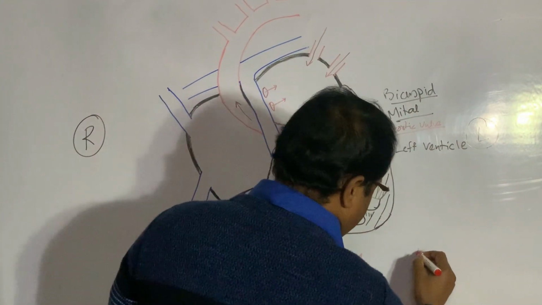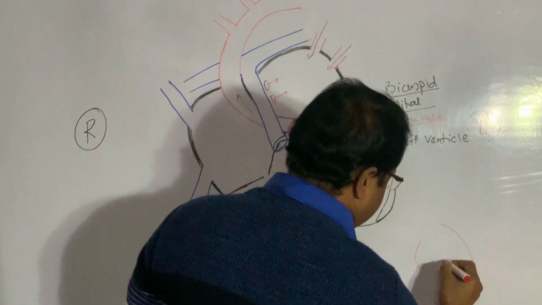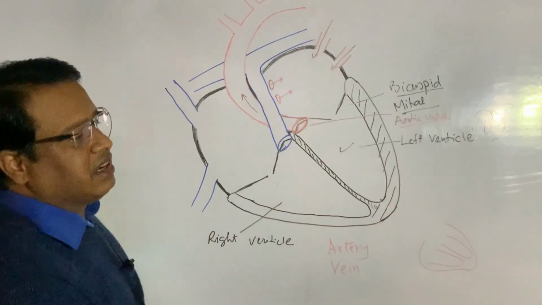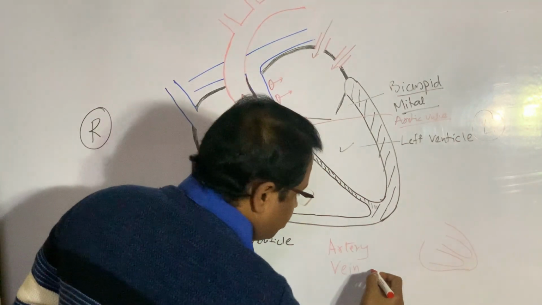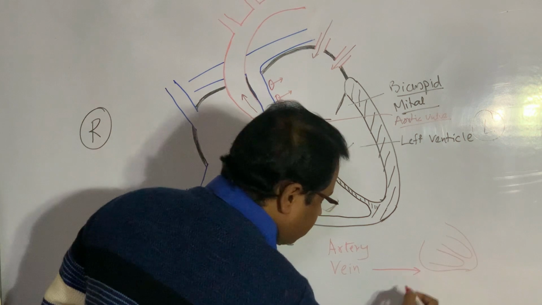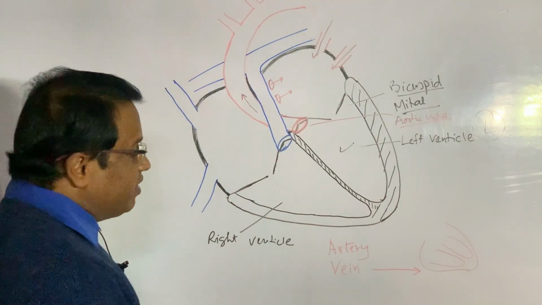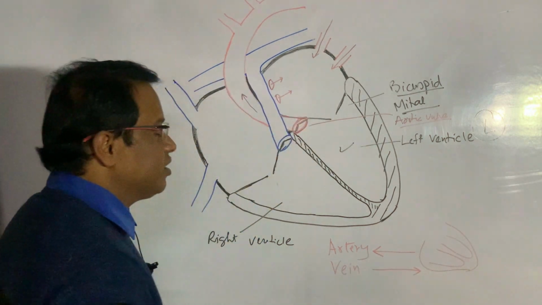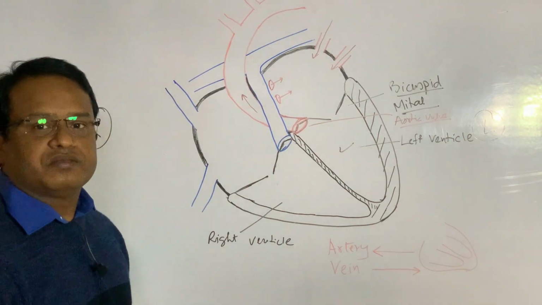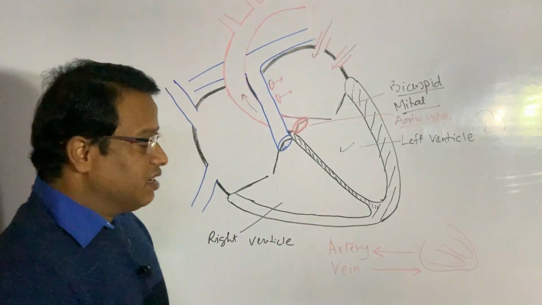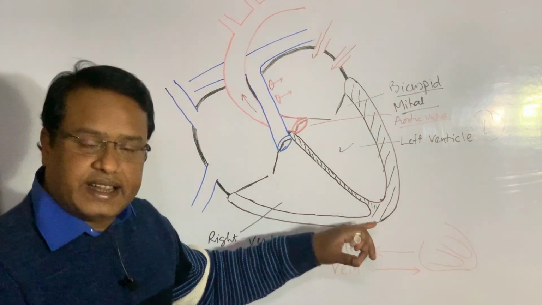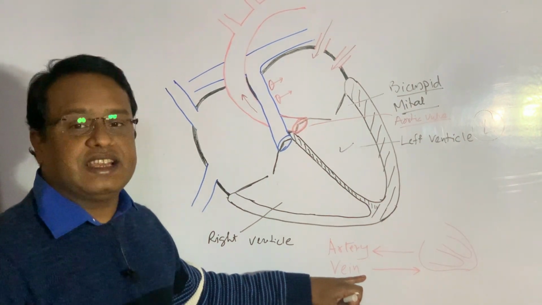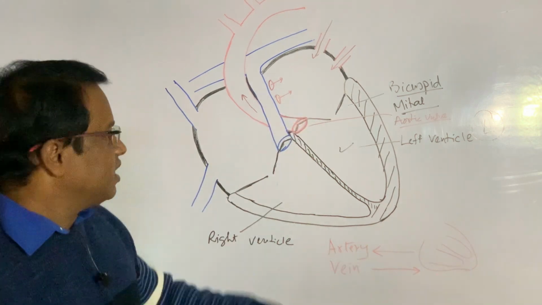If we draw a heart like this, a vessel which runs towards the heart is called a vein, and a vessel which runs away from the heart is called an artery. In general, arteries carry oxygenated blood and veins carry deoxygenated blood, but there is an exception in the pulmonary and cardiac circulation.